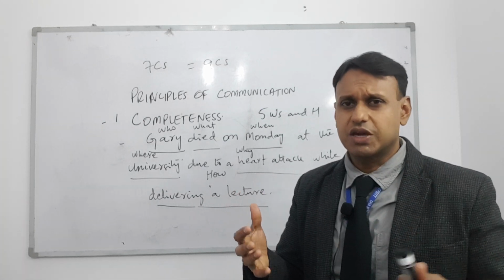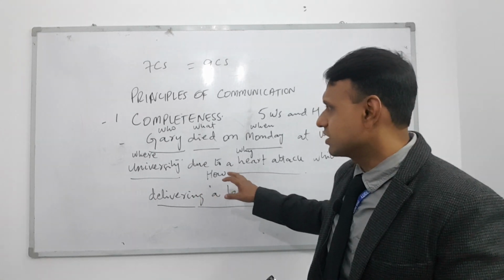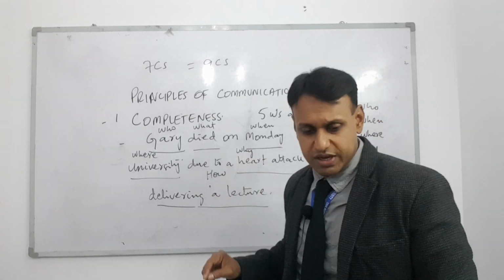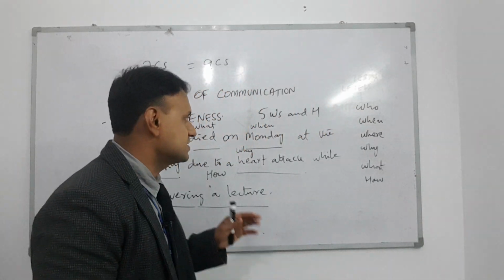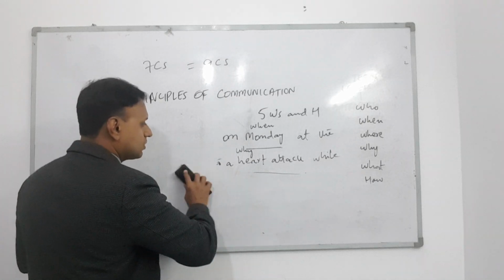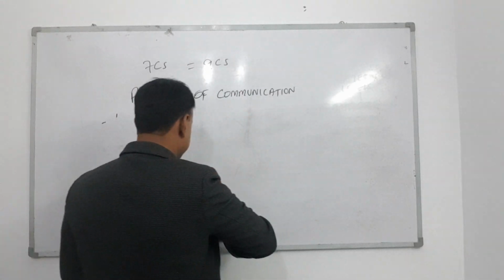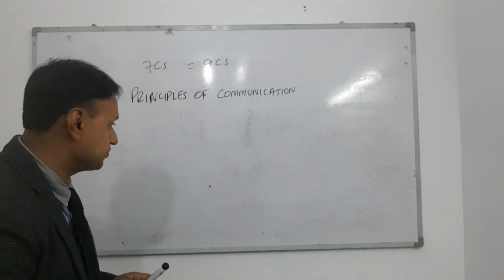All these things make it very difficult for businesses to ensure that the communication is successful. So whenever we talk to each other, we want to make sure that we follow the principle of completeness. That's the very first principle.